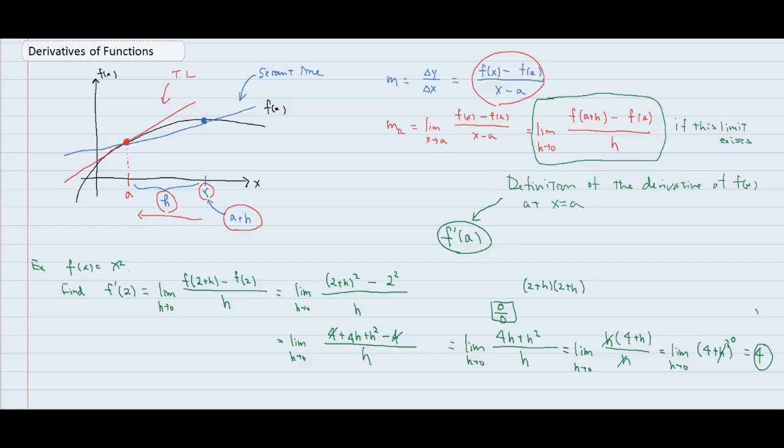So that value right there is the derivative of this function f of x equals x squared at x equals 2. Now notice that in this definition, every time we pick this value of a, a is this constant, right?